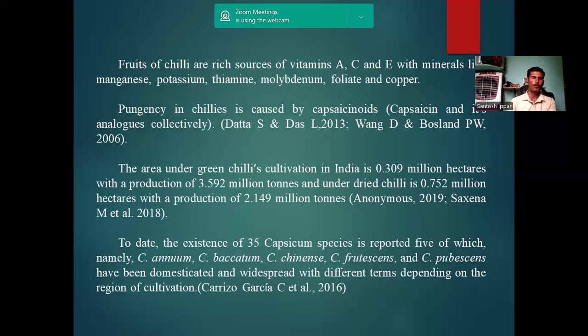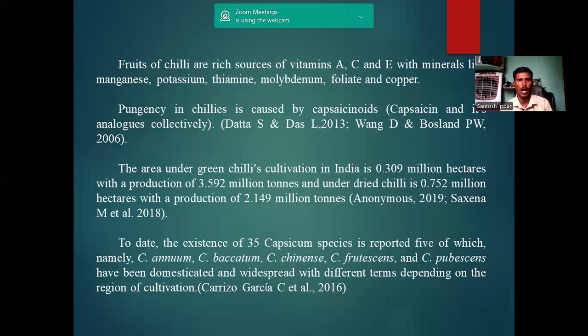Now, looking at the regions where chili is cultivated in India, the area under green chili cultivation is 0.309 million hectares with a production of 3.592 million tons, and under dried chili it is 0.752 million hectares with a production of 2.149 million tons.